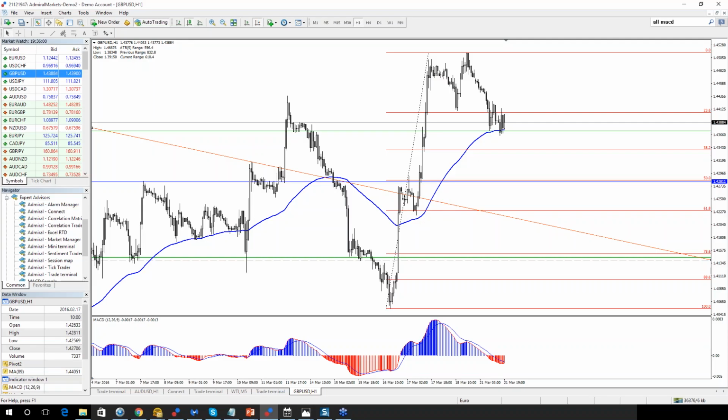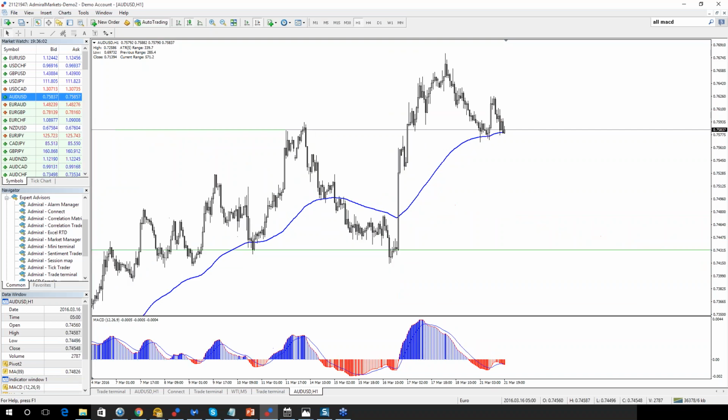Let me open Australian dollar chart. This is it. Uptrend. Uptrend on Australian dollar. Can you see it here? It tries to reject. Look at this T89 here.